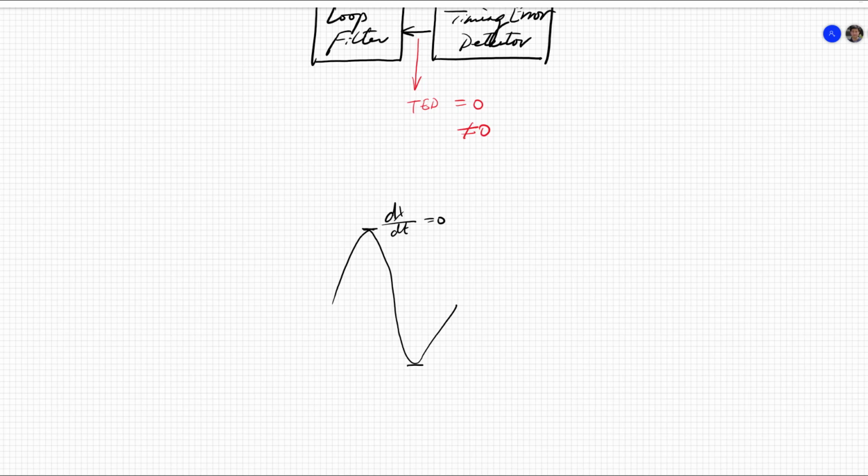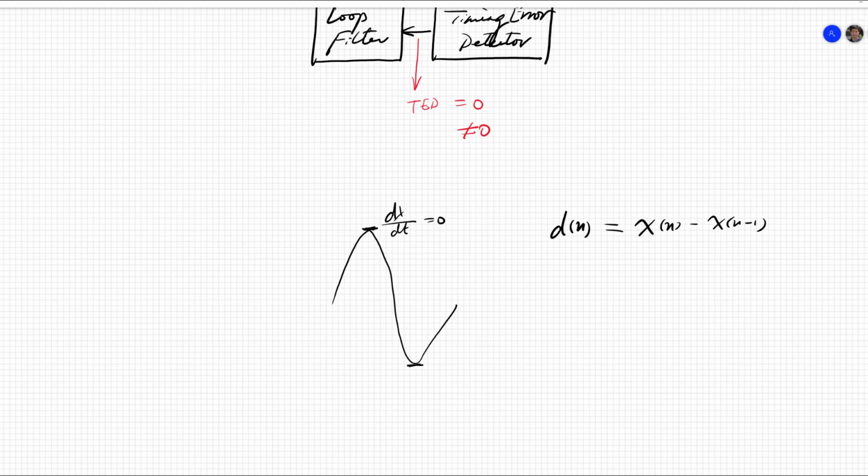Now, how do we find or program a derivative? In digital signal processing, we can do something simpler. If I take the difference of two consecutive samples, this difference is equivalent to a derivative in the continuous time domain. So I can use that as the derivative.